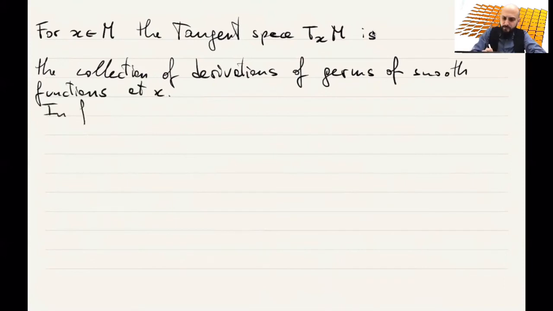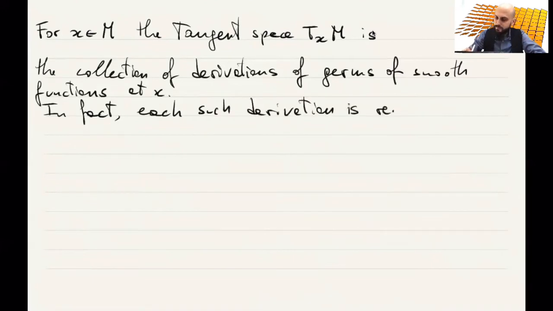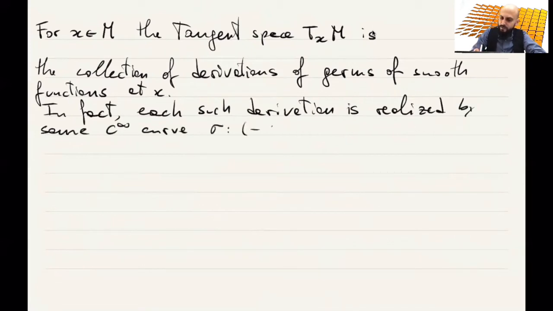Okay, so in fact, let me give a little bit more concrete description. Each such derivation is realized by some smooth curve, let's call it sigma, from an interval, minus epsilon to epsilon, into the manifold, that at time 0 passes through the point x.